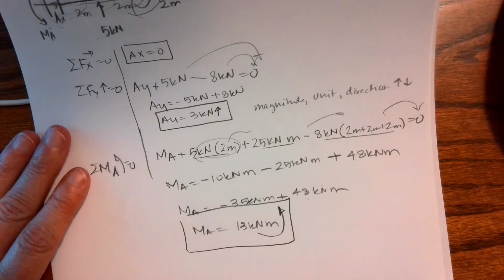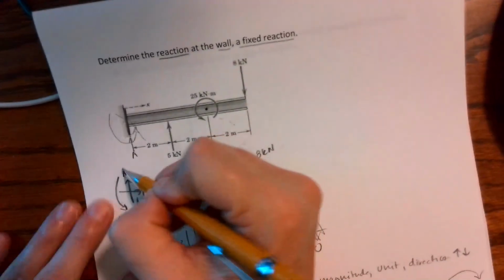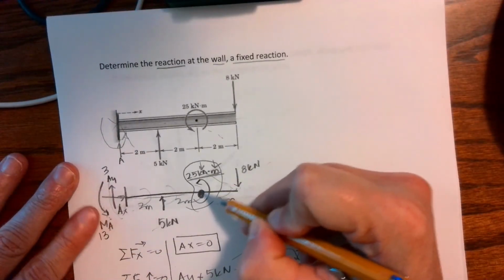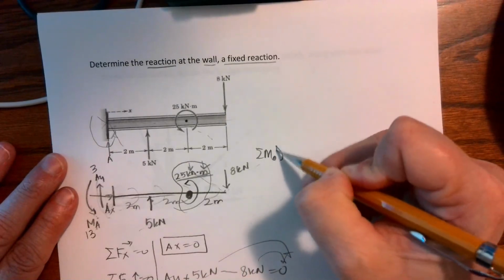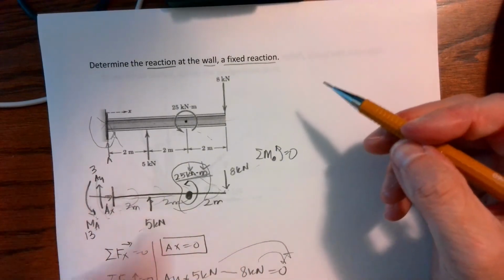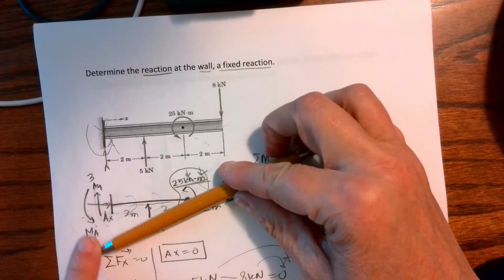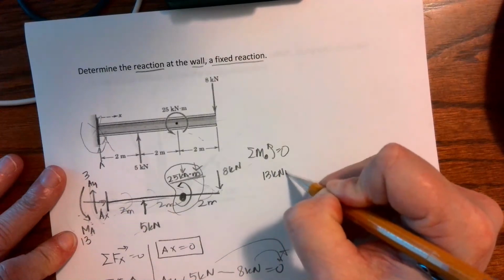And how could I check my work? Well, I know that this is now 13. I know that this is 3. We could sum our moments. Let's just sum them about this point right there. Okay, let's check our work. Sum moments about that big giant point equals 0. Starting at the left. Clock handle, push down, positive rotation. So I have 13 kilonewton meters.